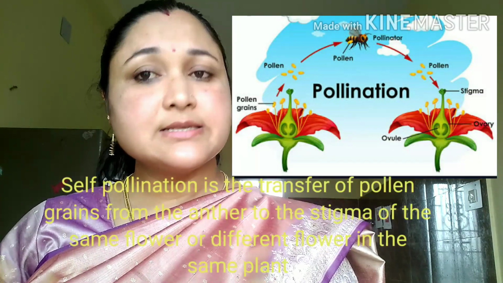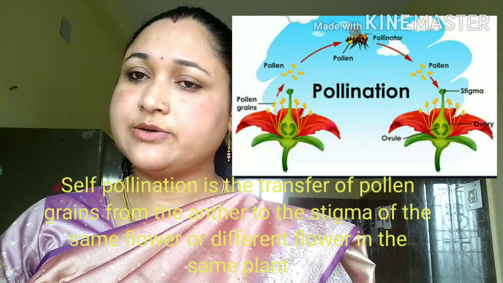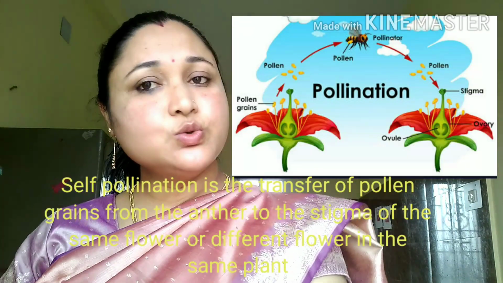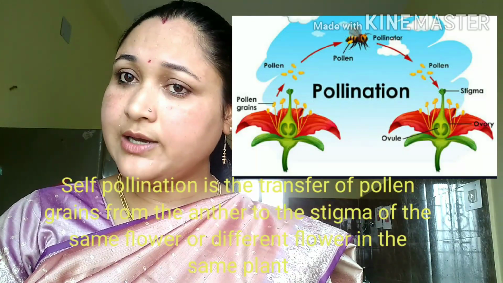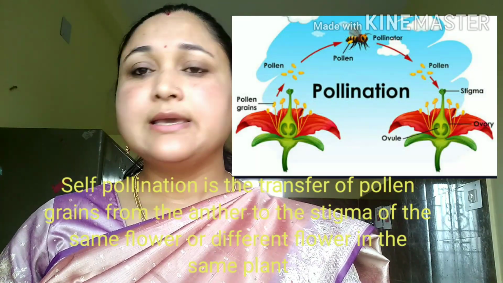Now, what is self-pollination? The transfer of the pollen grains from the anther of the stamens to the stigma of the carpel of the same flower or of a different flower of the same plant is said to be self-pollination.